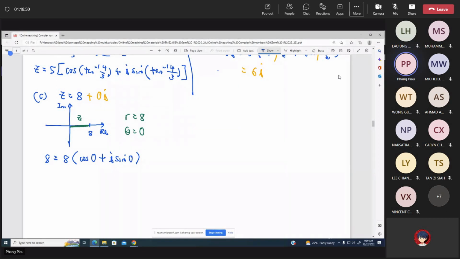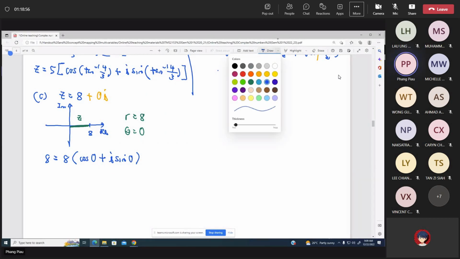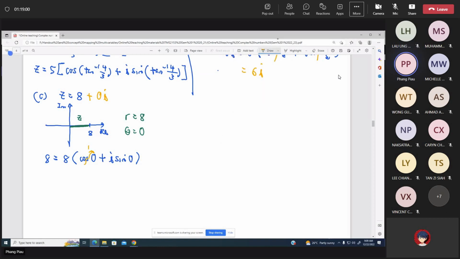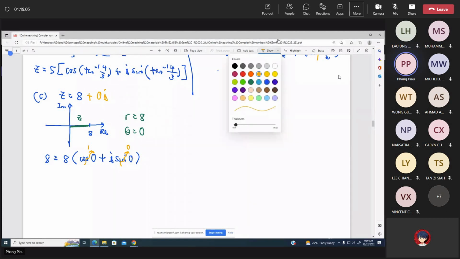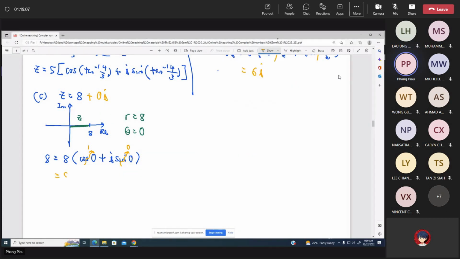Then you can put it in the polar form and also exponential form accordingly. And again, if you go for evaluating this, you know that this is 1, you know that this is 0, but in fact, you don't have to evaluate this, just to show you the idea. So you get back your right-hand side is also equal to that.